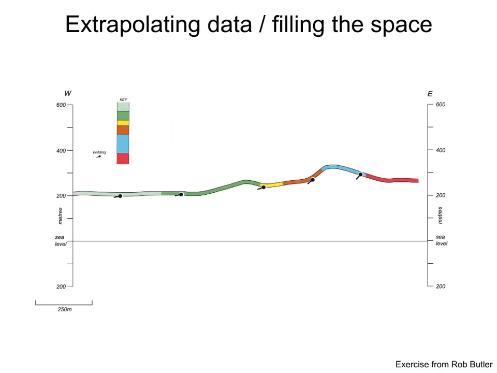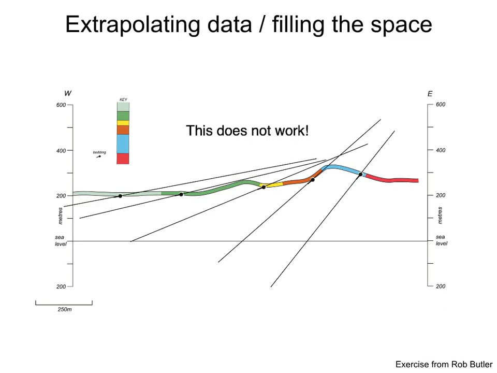What if we just have information about geologic contacts and dips along the topographic profile? How do we fill the space above and below the ground? A first guess would be to trace lines parallel to the dips, but this doesn't work because the units intersect. We don't want that.